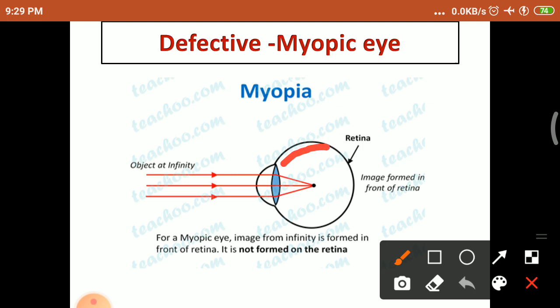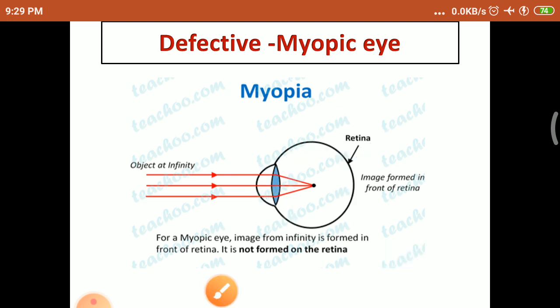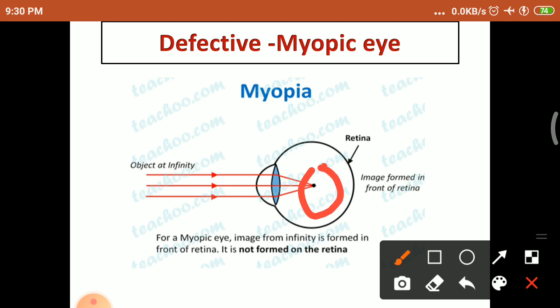This is the retina. You have to write retina here, this is the eye lens, and this is the cornea. In a myopic person, the image is formed in front of the retina. That is called the defective myopic eye.